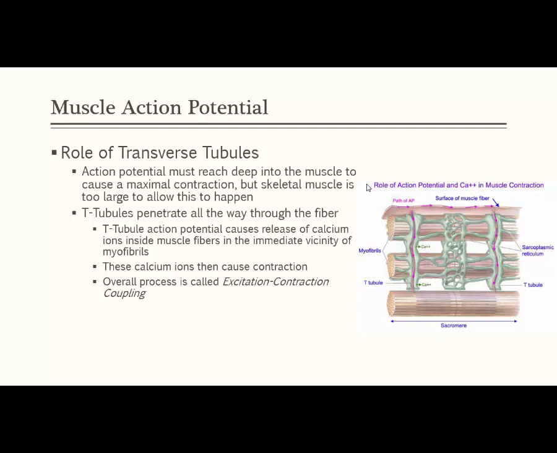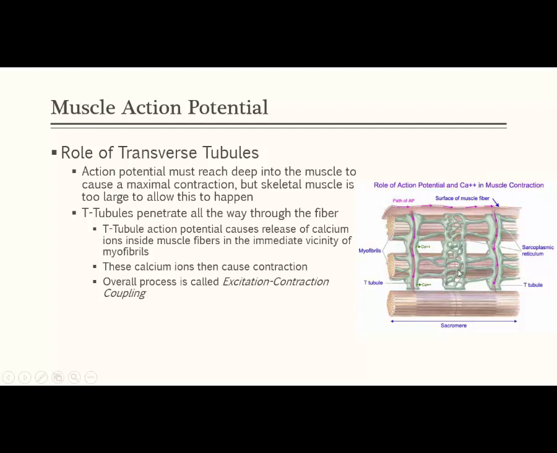So the T-tubules penetrate all the way through the fiber, and the action potential as it spreads along the T-tubules causes the release of calcium ions. So there are voltage-gated calcium channels that are inside the muscle fibers and around the myofibrils.